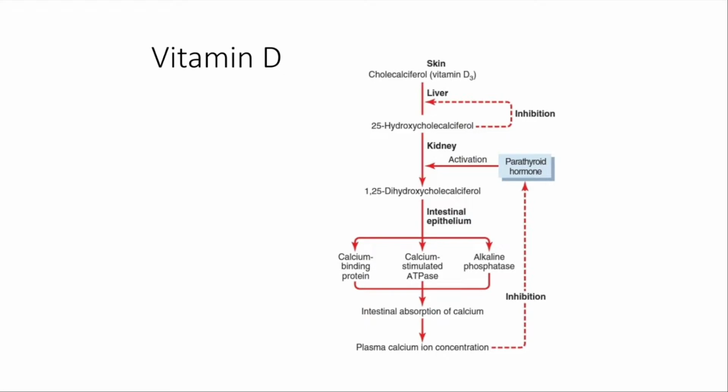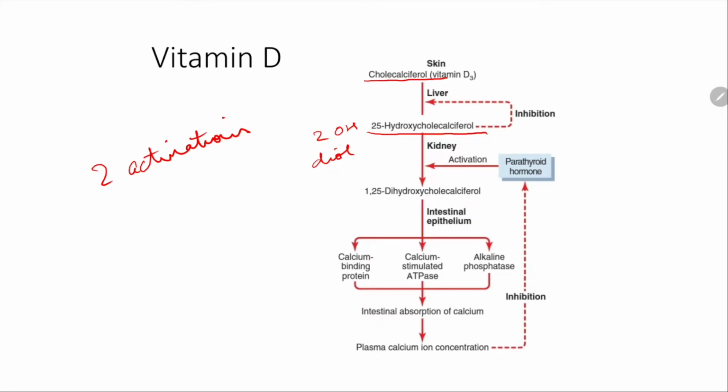This is the pathway of formation of vitamin D. You must remember that vitamin D undergoes two activations to become its active form. The first activation is in the liver, where the raw material cholecalciferol becomes 25-hydroxycholecalciferol. This right now has two OH groups, it's a diol.